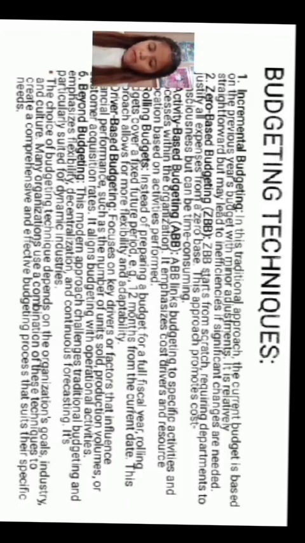So the choice of budgeting technique depends on the organization's goals, industry, and culture. Many organizations use a combination of these techniques to create a comprehensive and effective budgeting process that suits their specific needs.